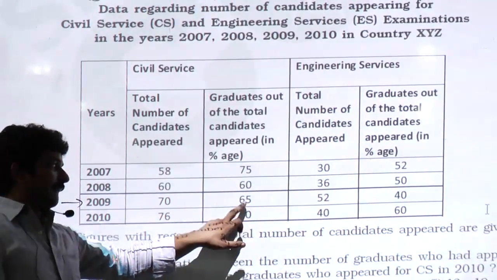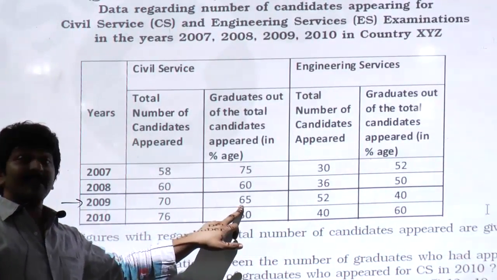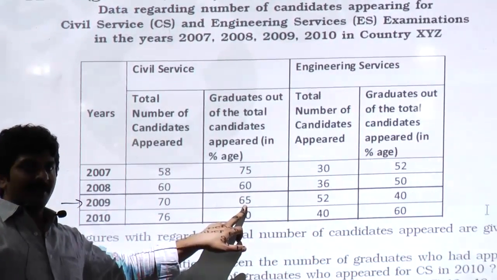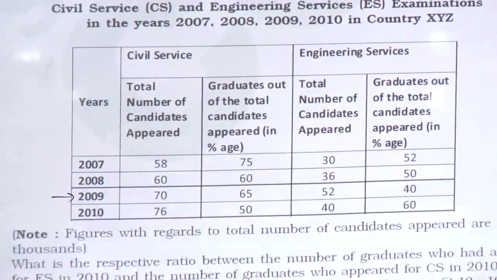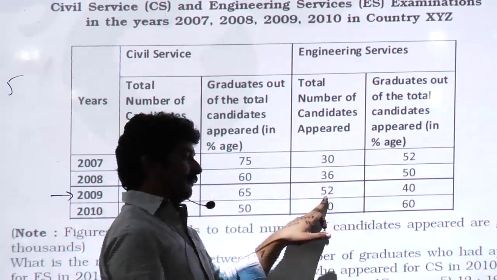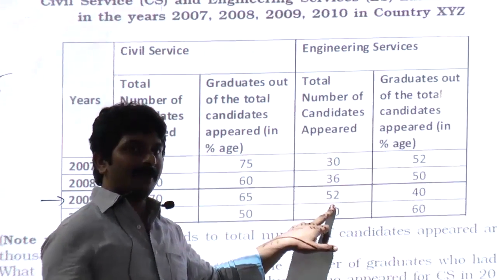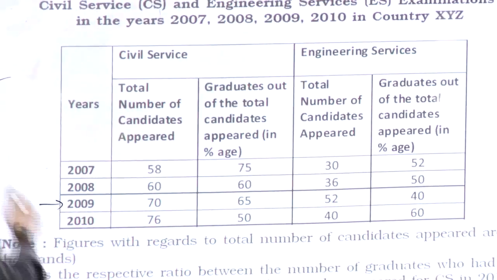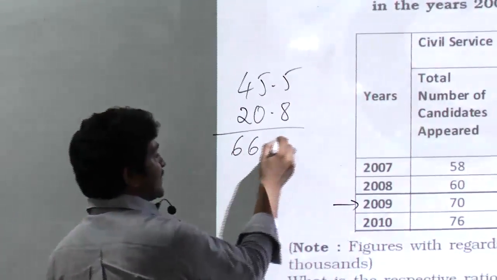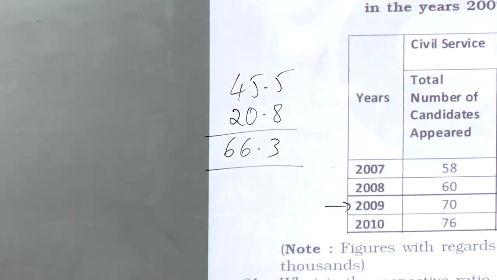What about 10%? 70% in the sense into 7, right? 6 into 7? 42. 0.5 into 7? 3.5. 42 plus 3.5? 45.5. And 40% of 52. 10%? 5.2, double. 10.4, double. 20.8. Add 20.8 here, that becomes 66.3. Thousands, right? 66,300.